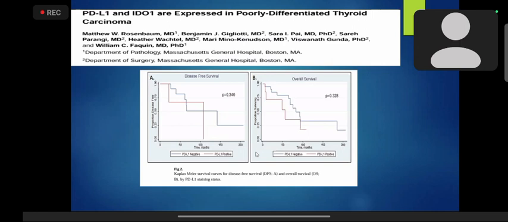Finally, one study suggested PDL1 or this IDO1 marker, which are molecular markers which we usually suspect for all other cancers. In head and neck also we use them frequently.